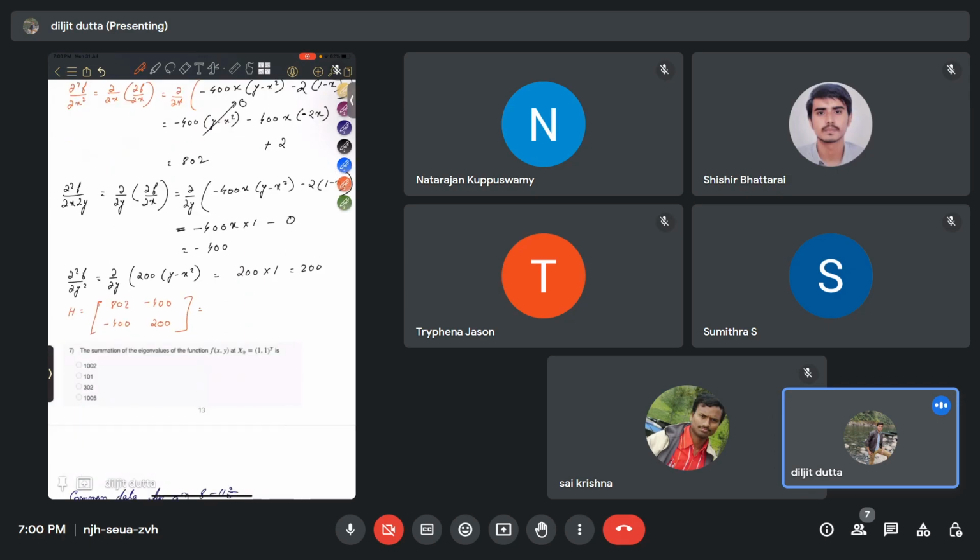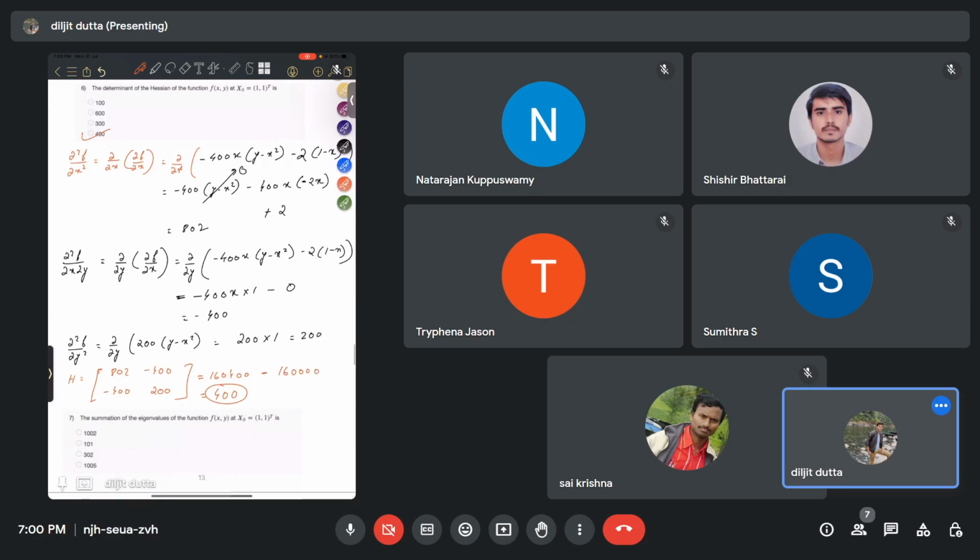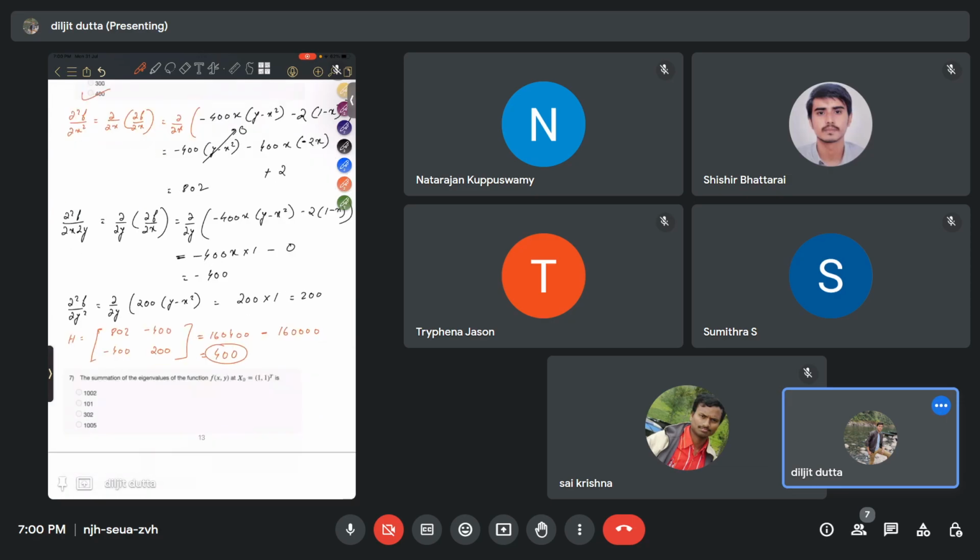If we do the calculations, I think this is the 400. So the correct answer is option D, 400. This is the determinant of the Hessian matrix.